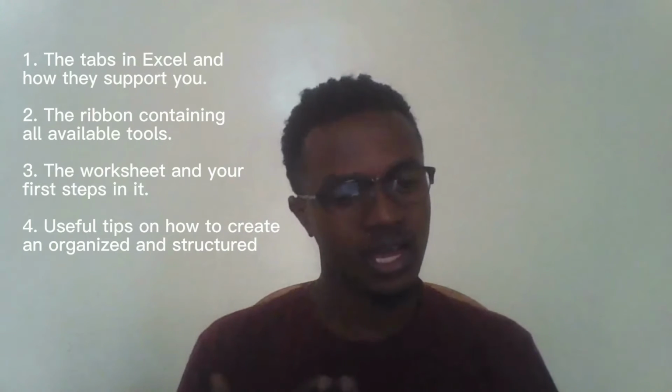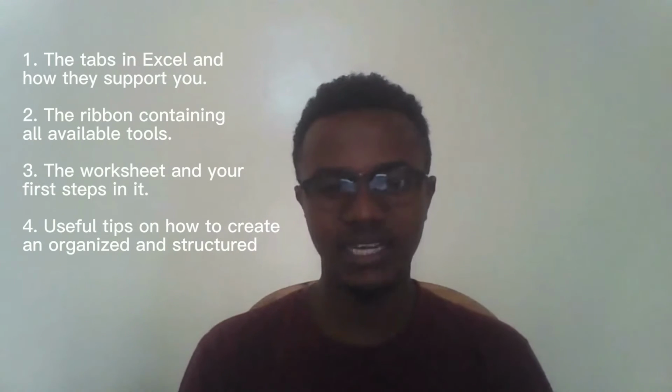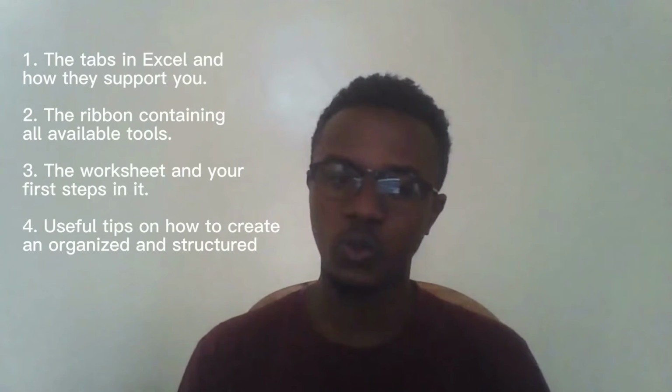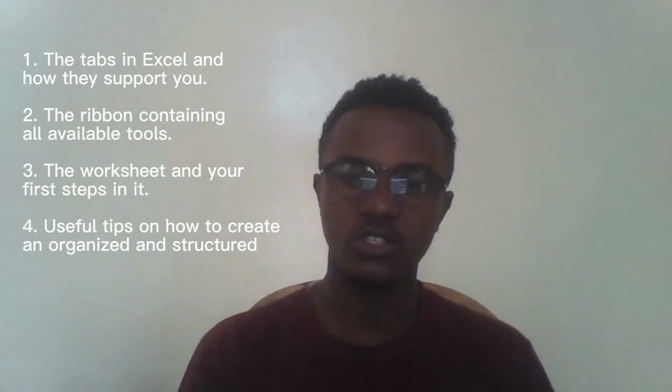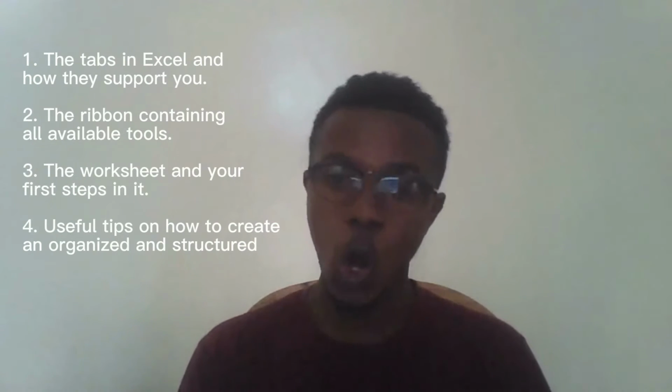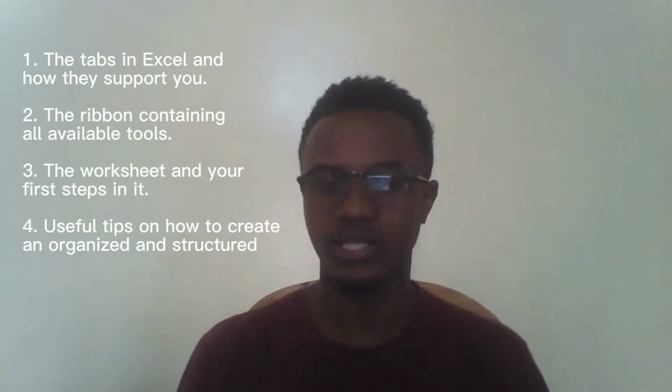So here is a quick overview for the upcoming video topics. First of all, I'll show you the tabs in Excel and how they support you in your workflow. Afterwards, I explain to you the ribbon, which contains all available tools, of which I explain the most important ones.